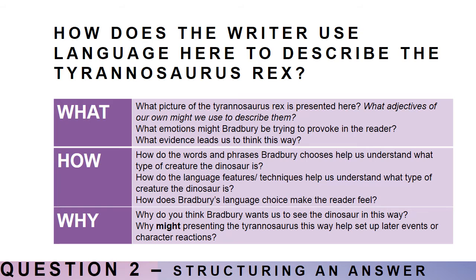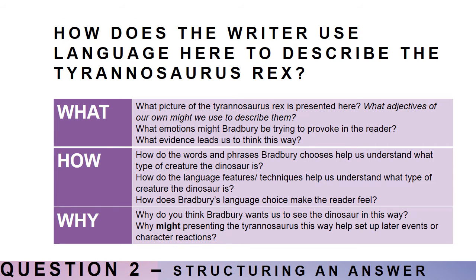Remember, on the question paper, they will always give you more space than you need. You won't need to go beyond 2 sides, and you might not even use the full 2 sides, particularly if you've got slightly smaller handwriting. So never panic if you think, oh, they've given me 3 or 4 pages and I've only written 2. That's ample. So the question, remember, asks us, how does the writer use language here to describe the Tyrannosaurus Rex?